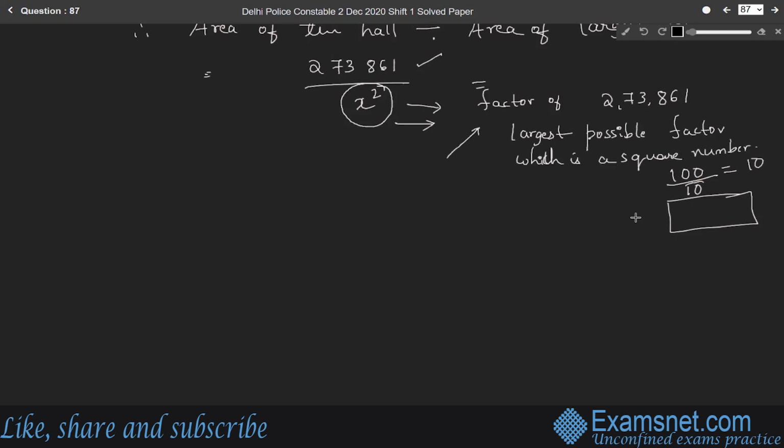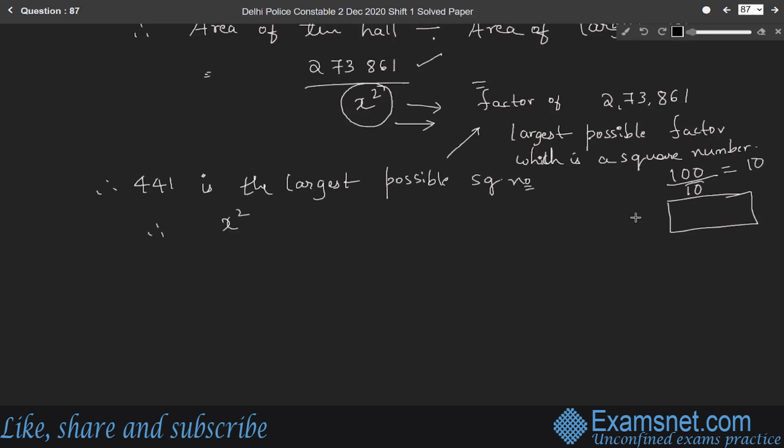So in case of 2,73,861, the number 441 is the largest possible square number.